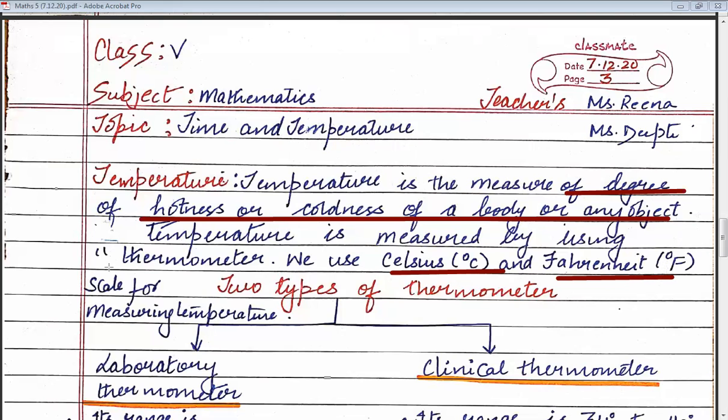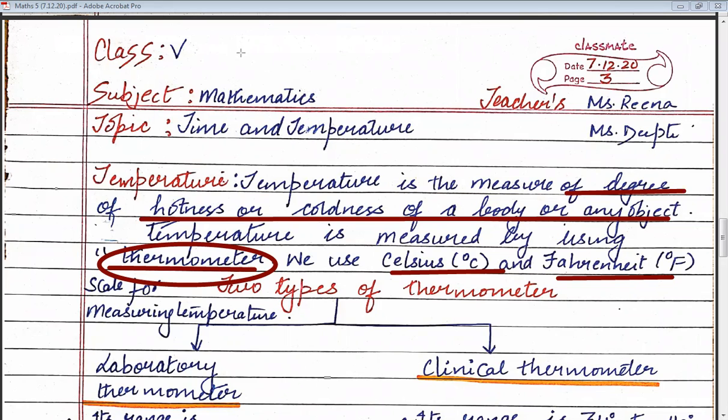And a thermometer is an instrument to measure temperature. By which instrument do we measure temperature? That is your thermometer. Thermometer is used to measure the temperature of any object.